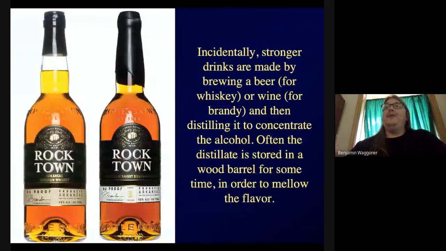And not that you asked, but yeast get poisoned by alcohol once you get that alcohol concentration up to like 18% or so. So if all you use is yeast to make your alcohol, you'll never get anything stronger than about 18%. That's 36 proof.